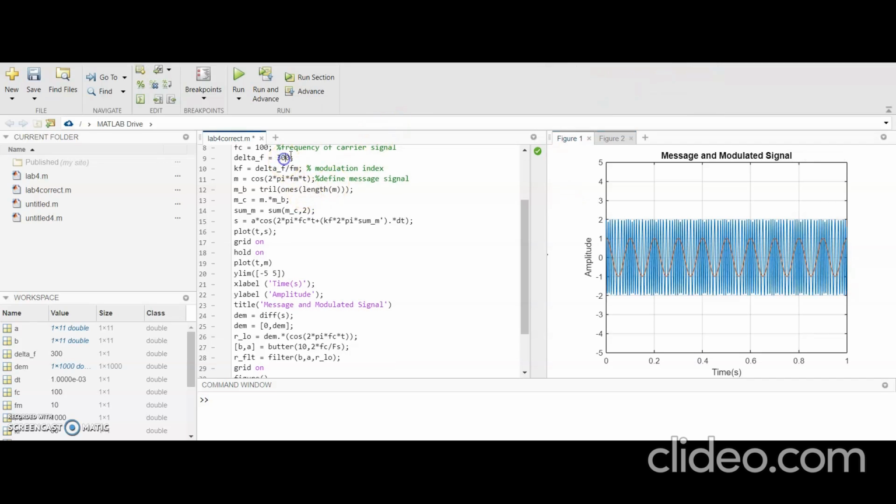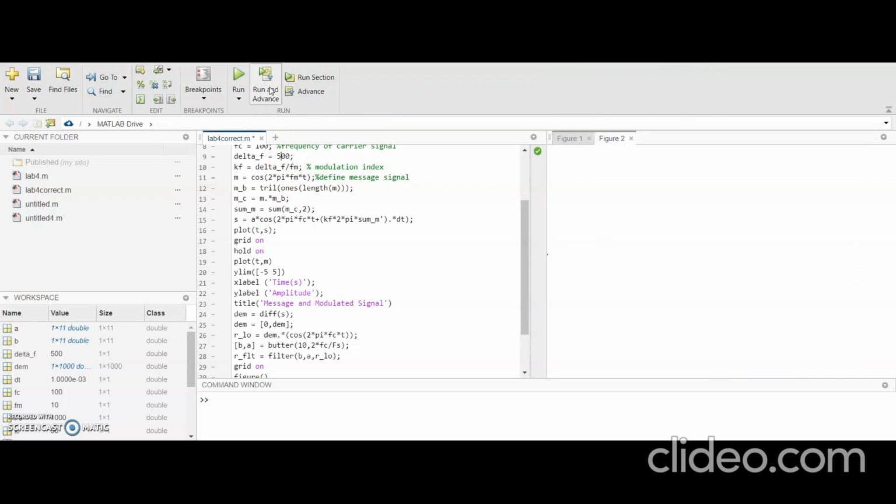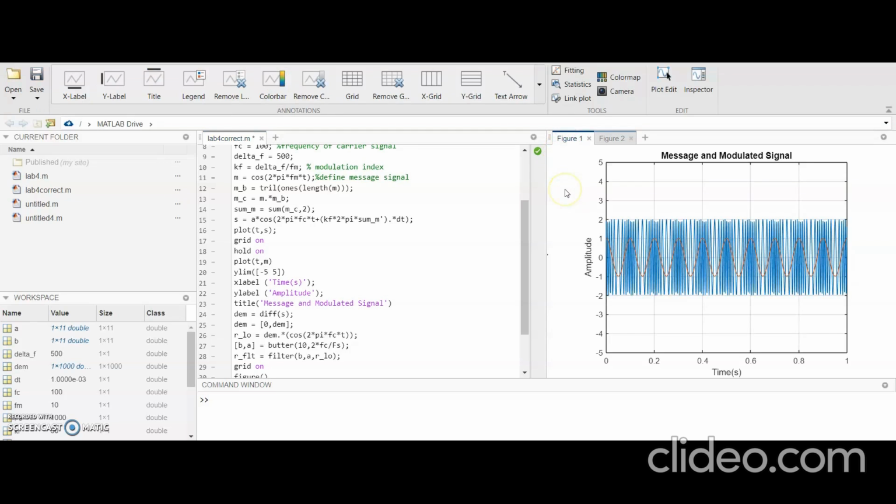What if we change it to 500? When we change delta F to 500, the graph becomes even more modulated. It means that the higher the delta F, the modulation index, the higher the modulation of the signal. The signal will become more modulated.